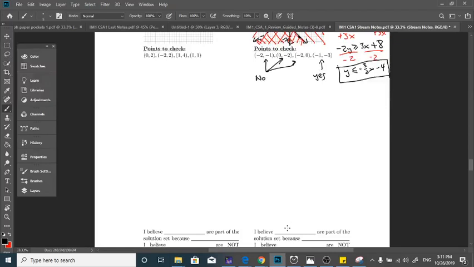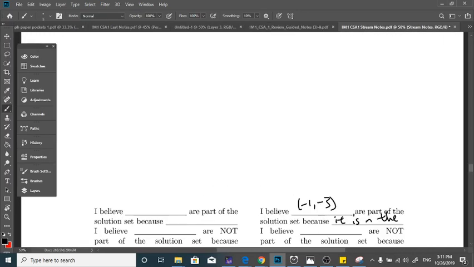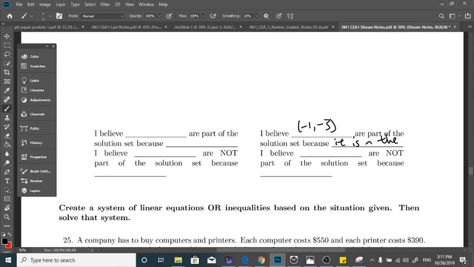So I believe that -1, -3 is part of the solution set because it is in the, yeah, I should have made more space there. Oh, well, next time. It is in the overlapping region. And I believe the others are not.